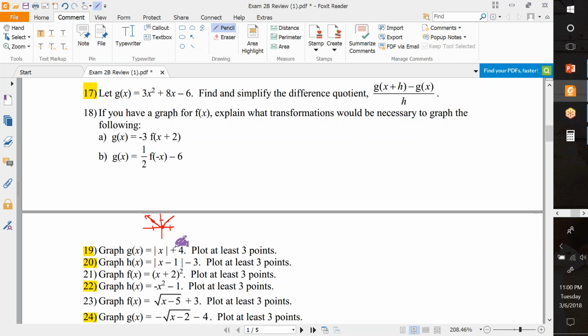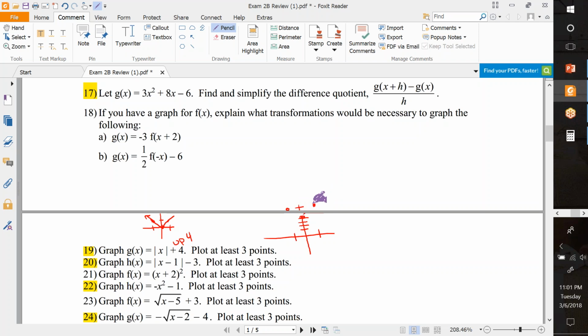This is a +4 outside of the absolute value, so this is going to be a shift up 4. So you just have to move each of those 3 points vertically up 4 points. So here's -1 and +1 and 0, 1, 2, 3, 4. So that point at the origin would move up to +4. These both had a height of +1, so now they're going to have a height of +5.